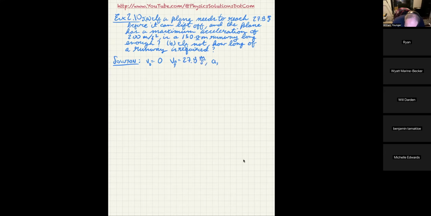The acceleration is supposed to be equal to 2.00 meters per second every second, which you can actually write as meters per second squared, but you should definitely say it as meters per second per second. So that's what I'm looking for in part A: is 150 meters enough? So that's part A. And part B is if that's not, how long is it.